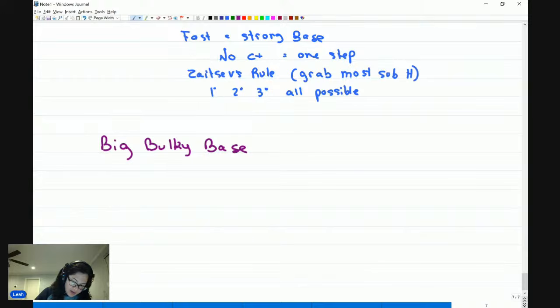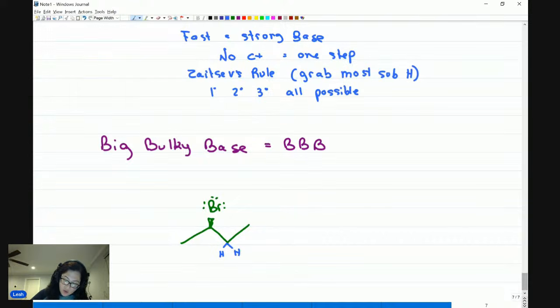And that is because a big bulky base, which I call the triple B, is so big that it's going to be sterically hindered. Even something as simple as this molecule right here. To get to these hydrogens when it is so big and bulky is very difficult. And even though it would love to grab that light blue hydrogen, it can't. So it will settle for the next best thing and grab, I'll show it over here, with Mr. Purple.